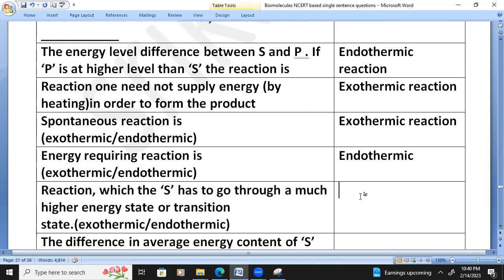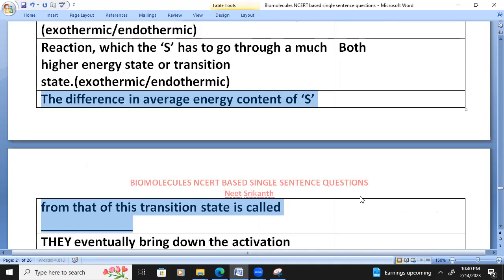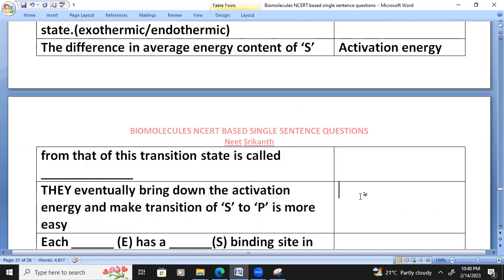In a reaction, S has to go through a much higher energy state, the transition state. The difference in average energy content of S from that of the transition state is called activation energy. Enzymes eventually bring down the activation energy and make the transition of S to P easier.